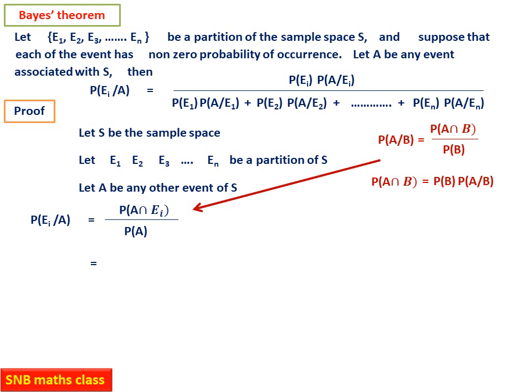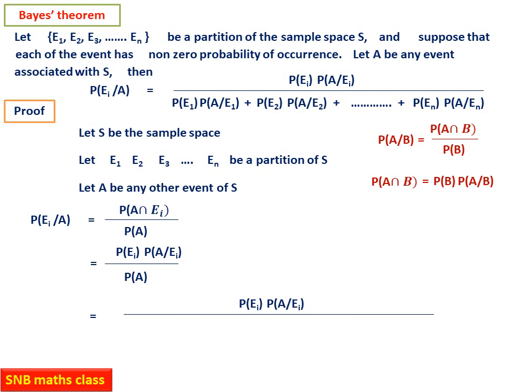That is the same as probability of B into probability of A given B, by cross multiplication. Therefore, in place of probability of A intersection Ei, we can write probability of Ei into probability of A given Ei, divided by probability of A.